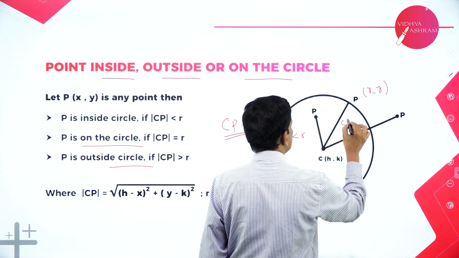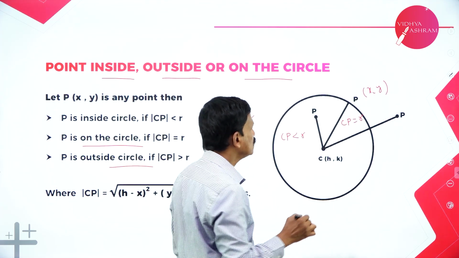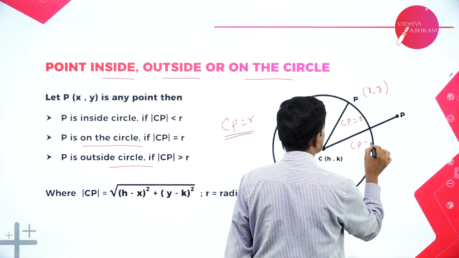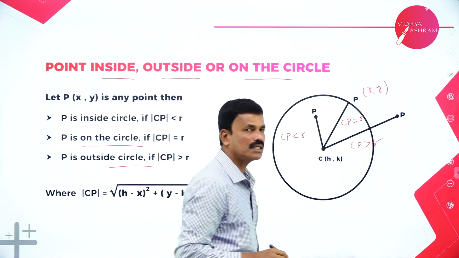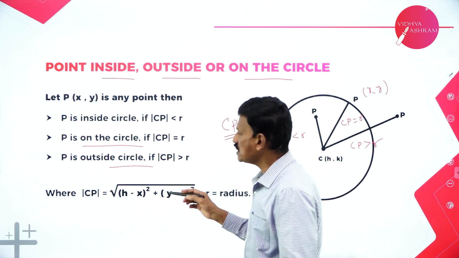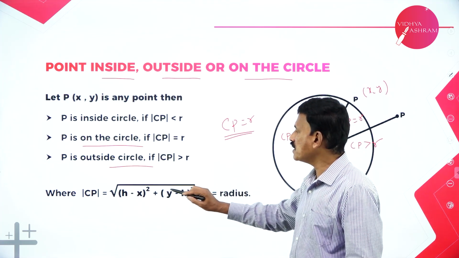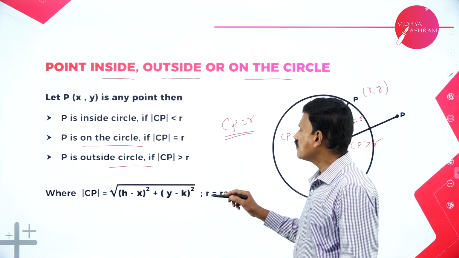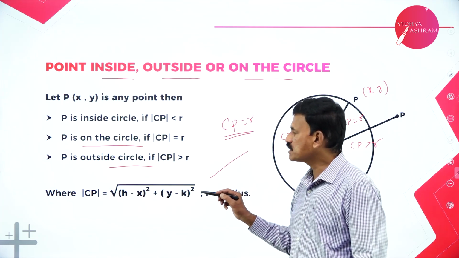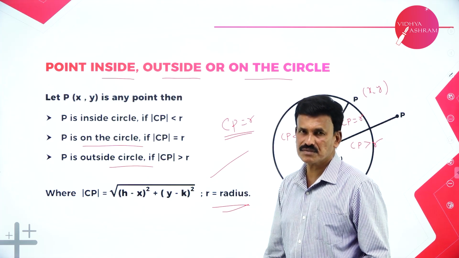If the distance from C to P is greater than the radius, then the point lies outside the circle. The distance CP is given by the square root of (h minus x) whole square plus (y minus k) whole square, or (x minus h) whole square plus (y minus k) whole square, where r is the radius of the circle.